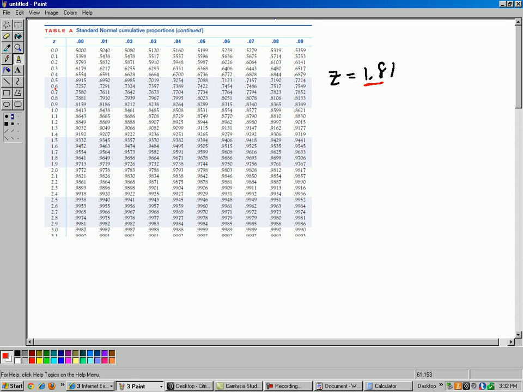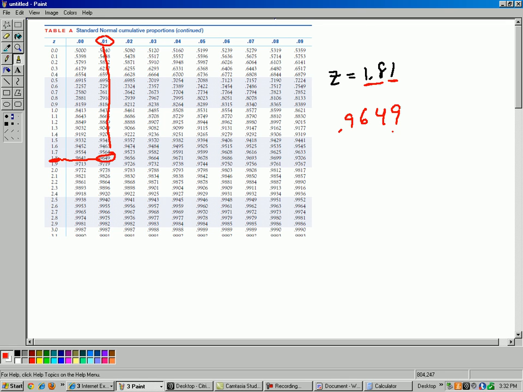So 1.8, right there. And then the second digit, the 0.01, you find that along the top. So there's 0.01. So I just go across from 1.8 and go down until they match up. Right here, 0.9649.